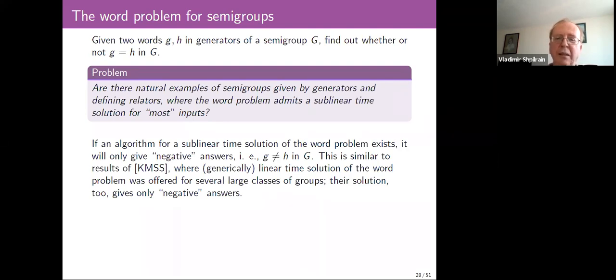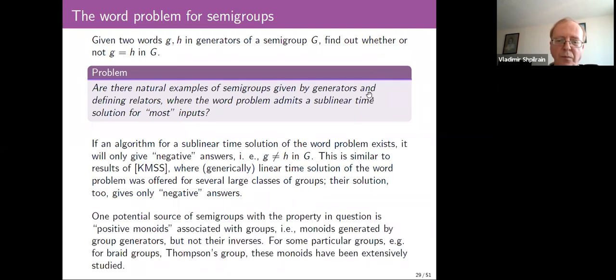And again, I remind you of our paper on generic case complexity, where a generically linear time solution of the word problem was offered for large classes of groups. But these are only negative answers. Okay, so the class of examples that we're going to look at right now are positive monoids associated with groups.